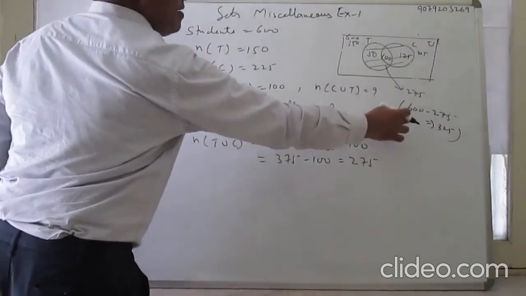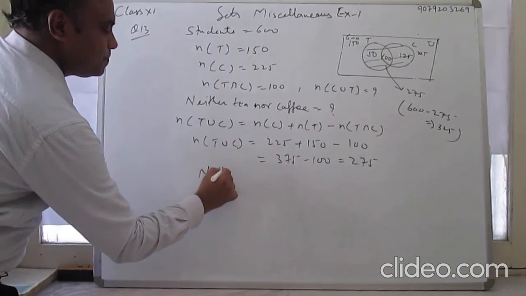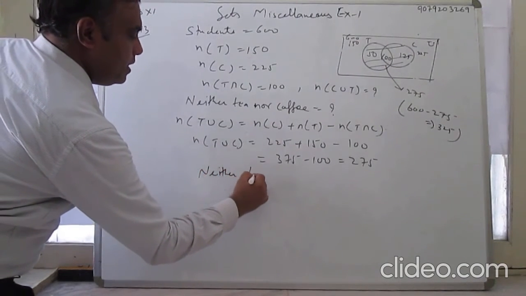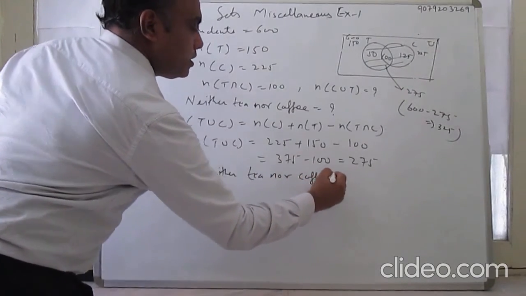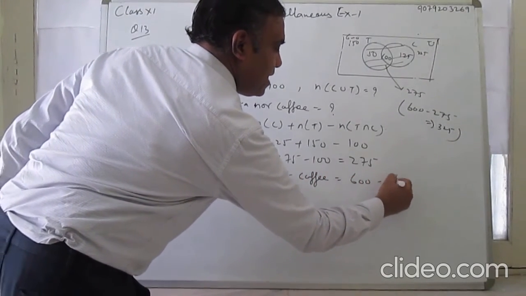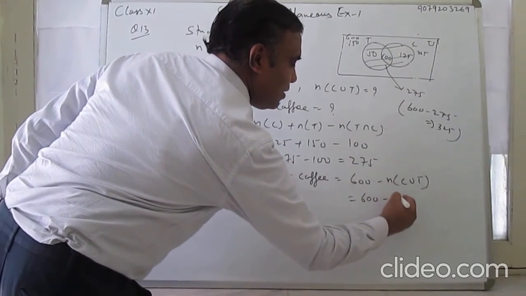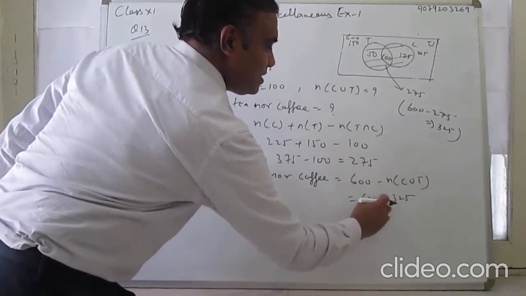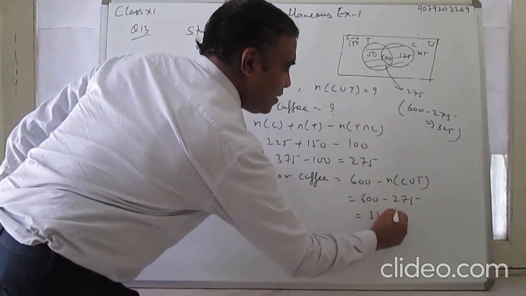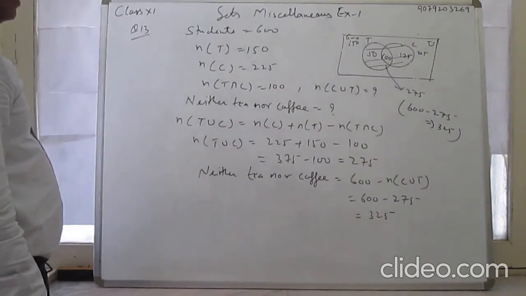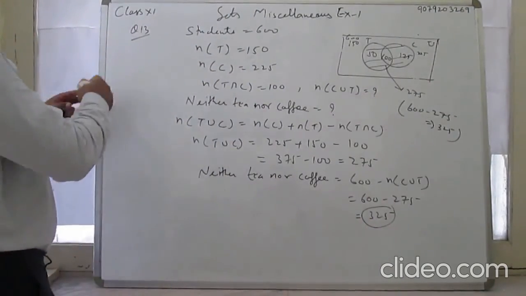This is the solution by Venn diagram, and this is mathematically: neither taking tea nor coffee is equal to 600 minus n(C union T), 600 minus 275, it is 325. So this is the answer.